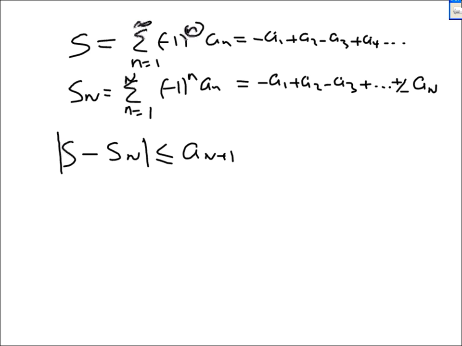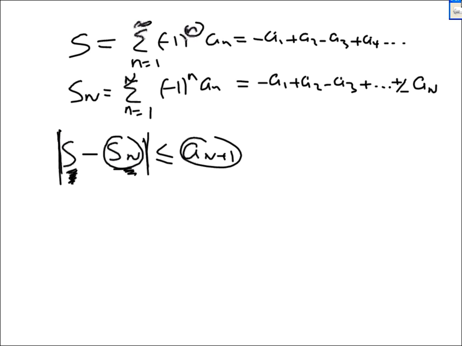So if I approximate my sum by just adding up the first N terms, the difference between the actual sum and the sum of the first N terms, ignoring signs, will be smaller than the N plus first term. It will always be smaller than that.